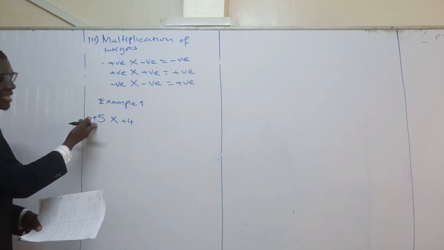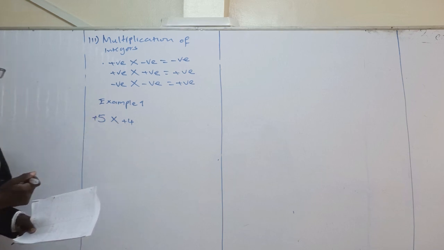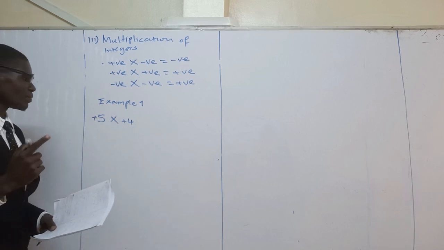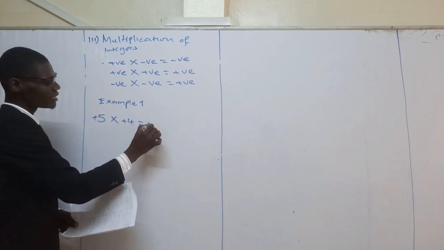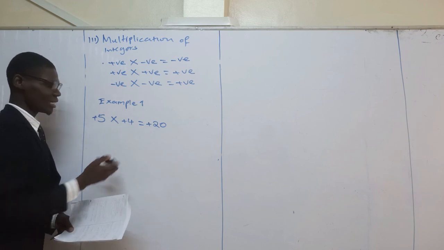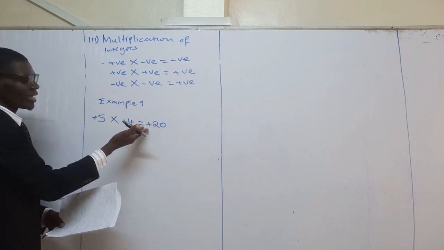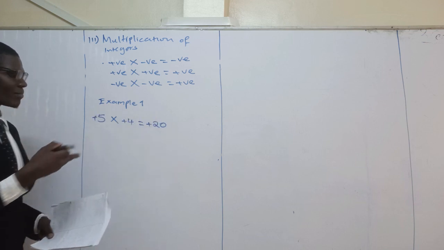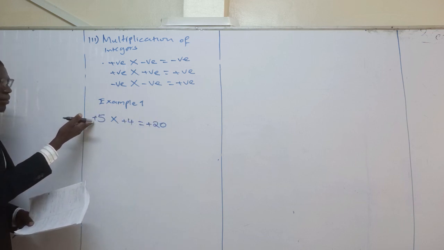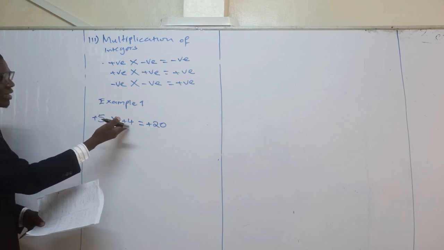Because I am multiplying two positive integers, my result must always be positive. So I will get a positive 20. The answer is a positive integer because I am multiplying a positive integer by a positive integer.